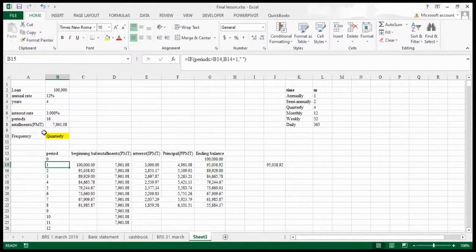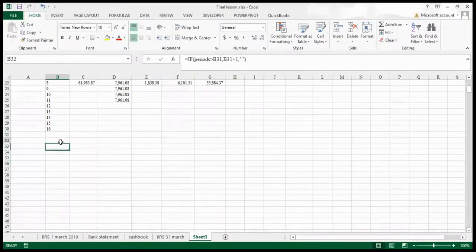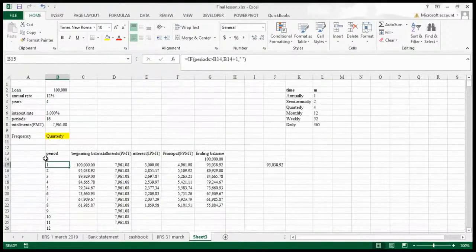So you are saying if the period here is greater than the value in the first period, which is period 0, then I should take 1 plus this period 0. If not, it should remain empty, but with the formula. That is what I have done. So I'm setting my formula here.